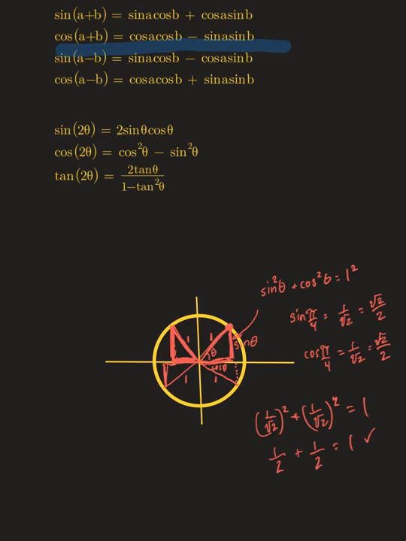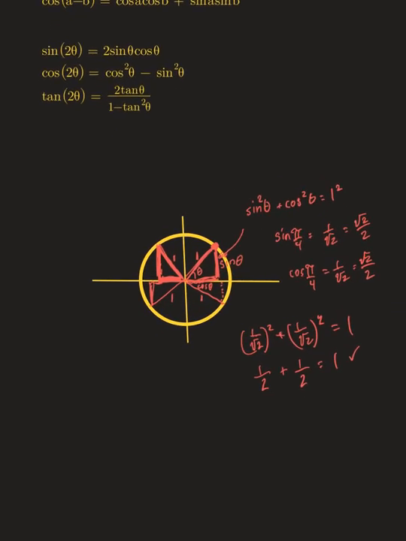All right, maybe we can try it for, let's say, pi by 3. So we know the sine of pi by 3 is root 3 over 2. That's memorized. The cosine of pi by 3 is 1/2. So when we have this angle up here, root 3 over 2 is the height, and 1/2 is the distance to the right.